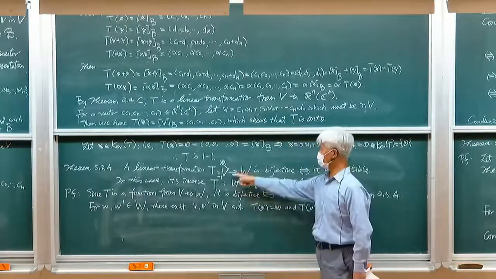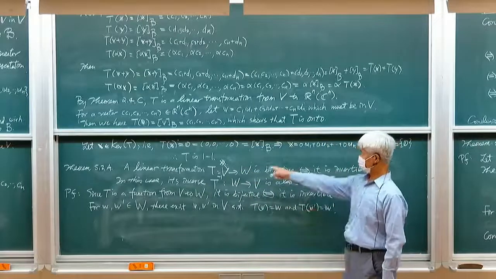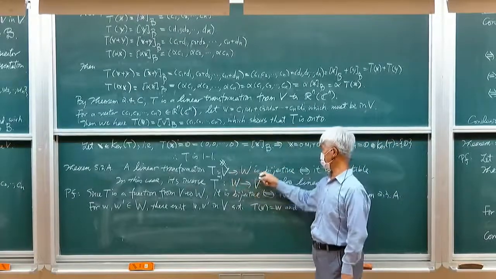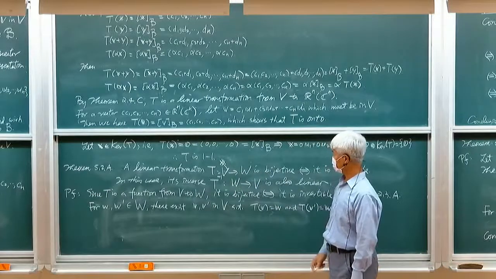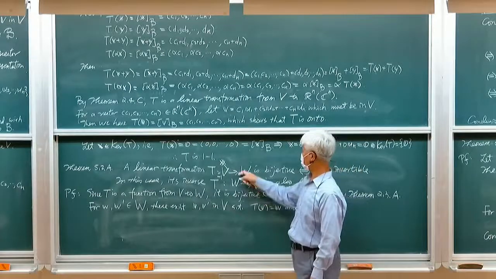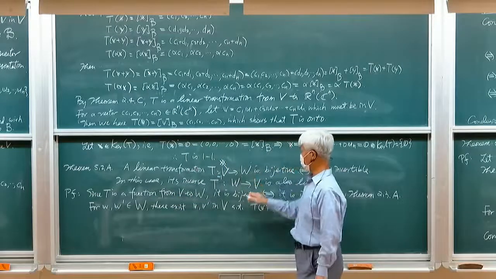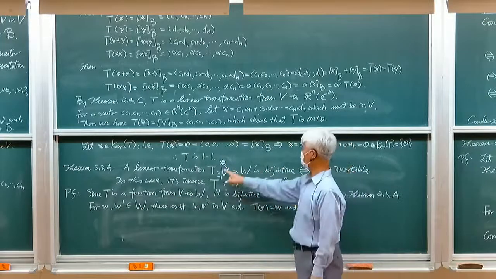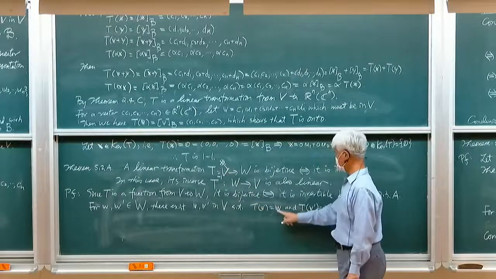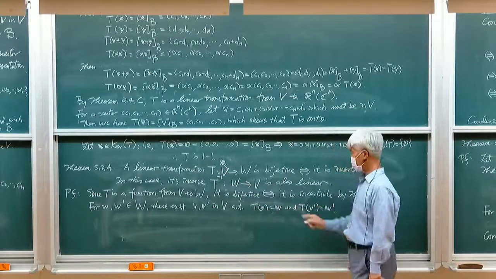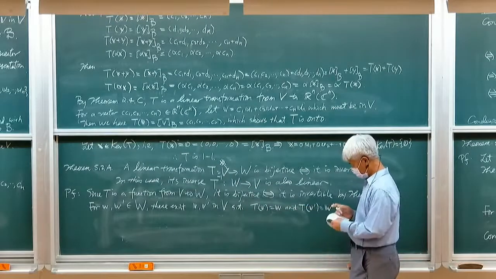This is because T is bijective, so T is onto: for any vectors in the codomain, we can find vectors in the domain such that they are their images.